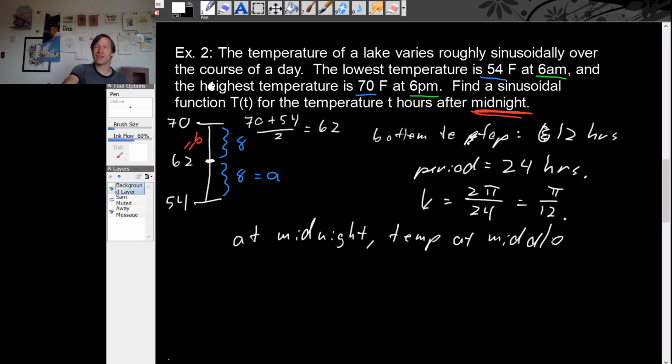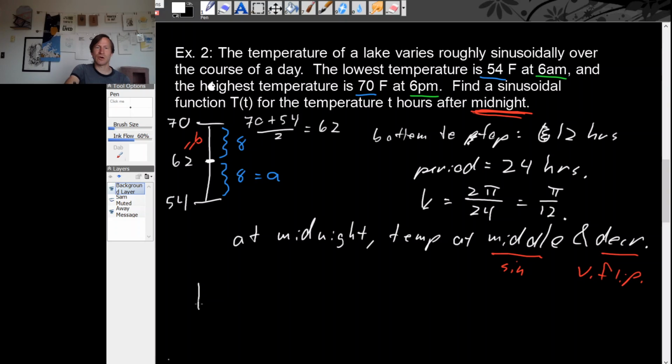So we're going to use a sine function, not cosine, but it's also decreasing, not increasing. So since we are starting at the middle, we're going to use sine. And since we're decreasing and not increasing at our starting point, we're going to need a vertical flip.